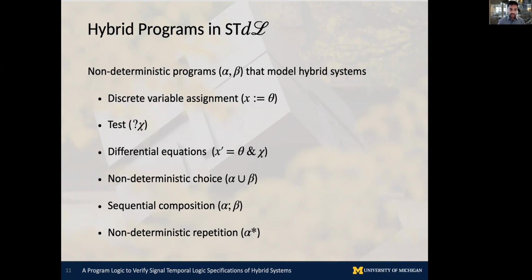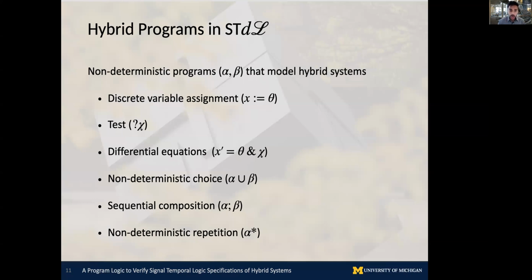They can be tests, question mark chi, and this is similar to say if statements, if you're more familiar with that kind of notation. We have differential equations, x prime equals theta, ampersand chi, which says x prime evolves according to some condition, and then ampersand chi is essentially an exiting condition for the differential equation.